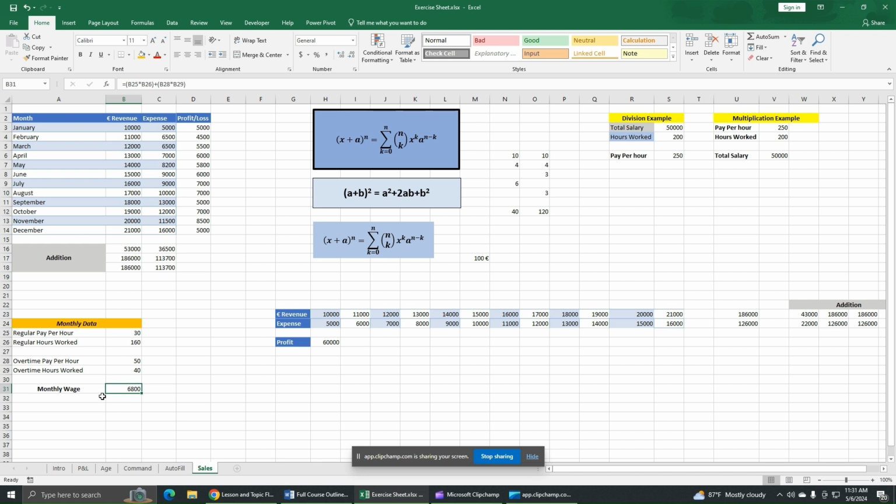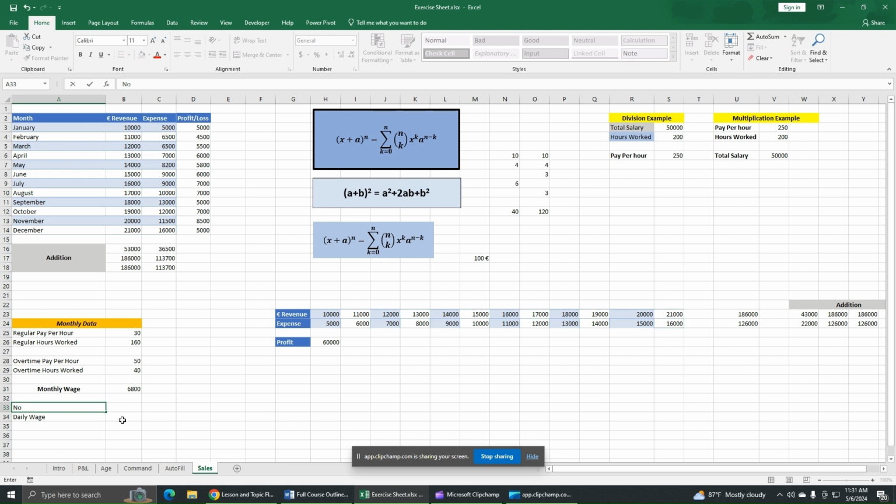That is how much he earns monthly. Okay, so now, if we want to calculate how much he earns daily, we have to know how many days he worked in that month.